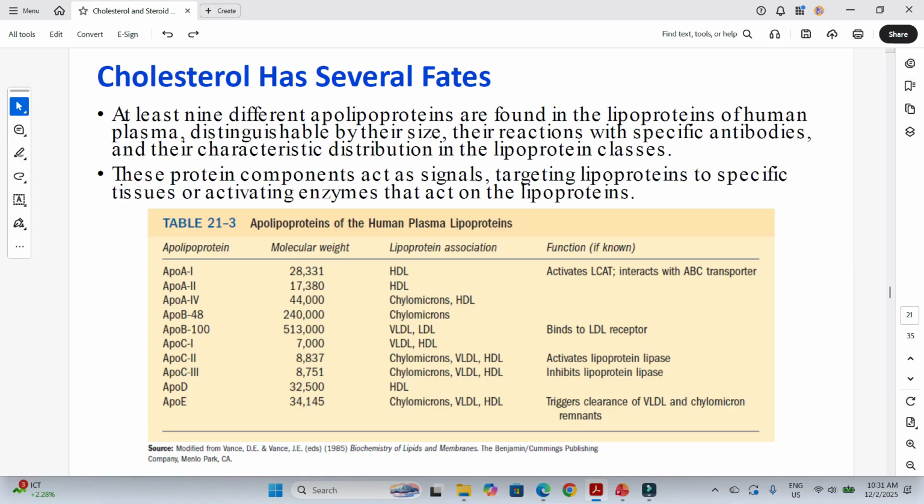So lipoprotein and the apolipoproteins serve as the molecule that allows it to recognize the tissue for which it is intended to go.